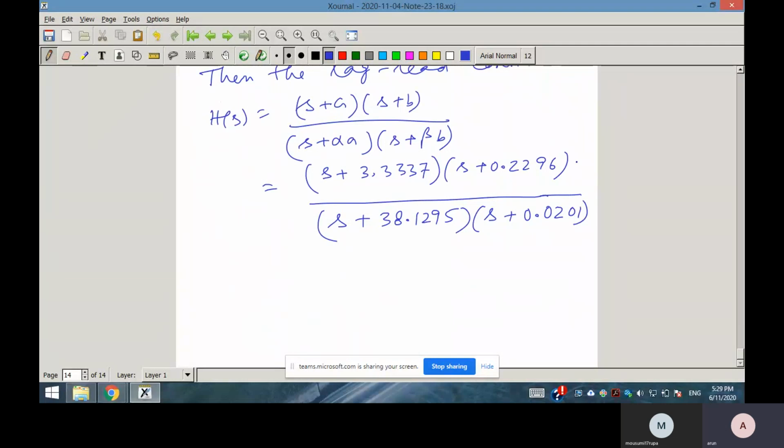So now, how to realize a lag lead controller? That part we will now see. Lag lead controller implementation. I will go to the next page. Well, here also we can do so. Lag lead controller implementation.